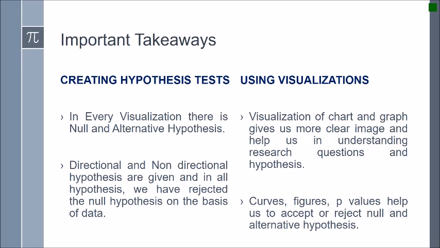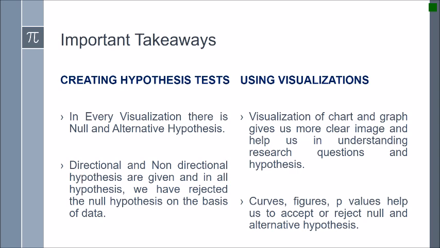Okay, now we have moved to the important takeaways. I'm not sure about takeaways, what I have found here, because I'm not very good in this subject, and probably I have not got it properly. Well, first of all, in this visualization there is a question which has been given to us, and then we have to make the hypothesis, a null hypothesis and alternative hypothesis.